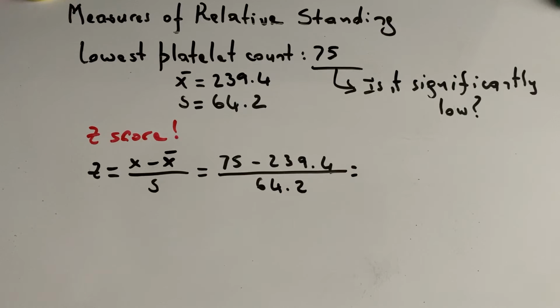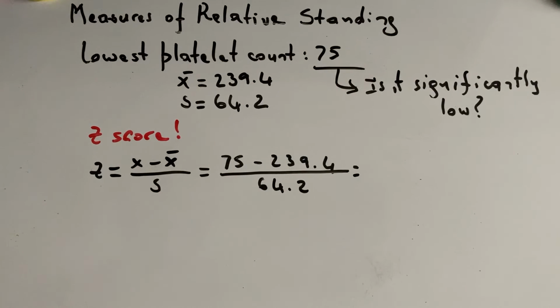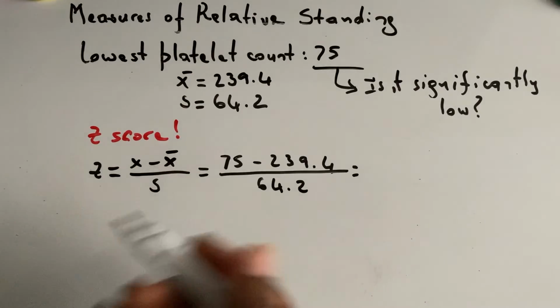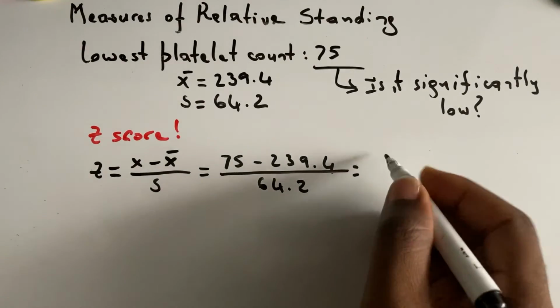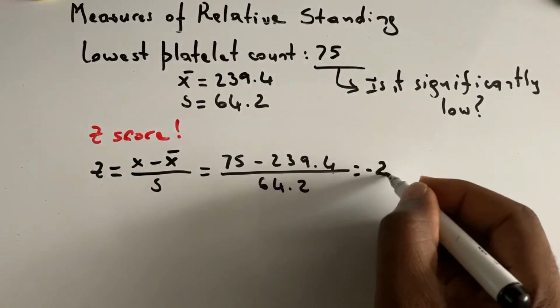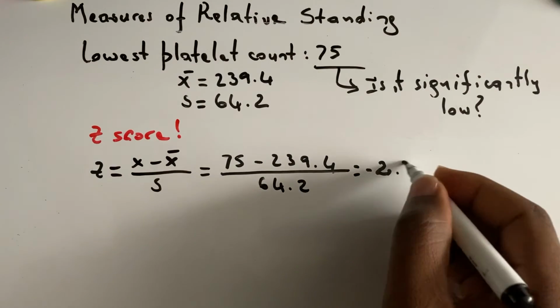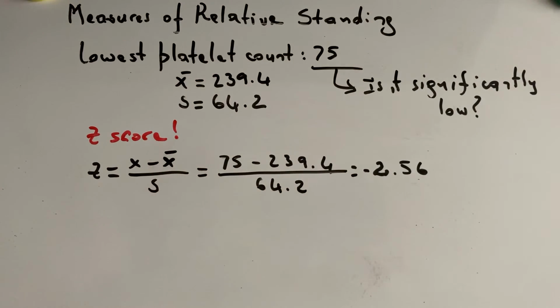Then you round to 2 decimal places, always remember that. The answer is negative 2.56.